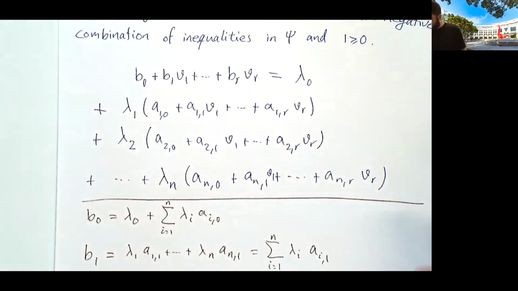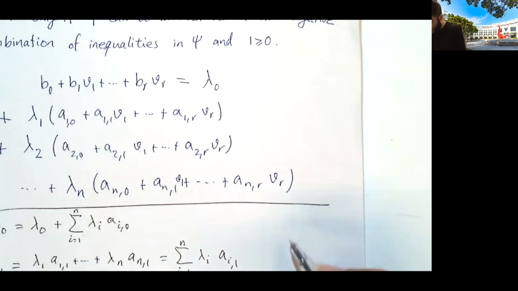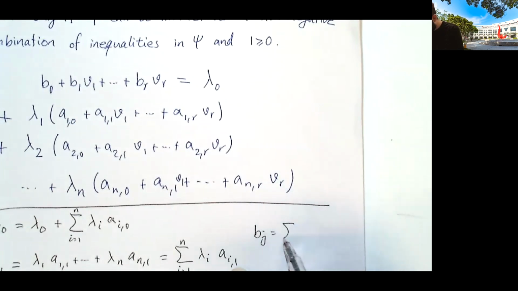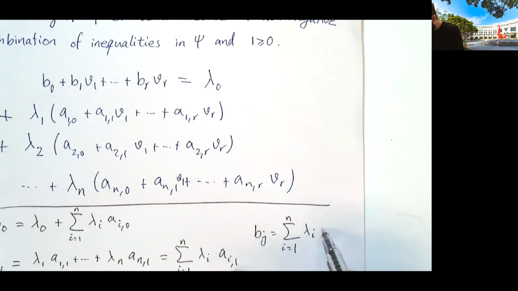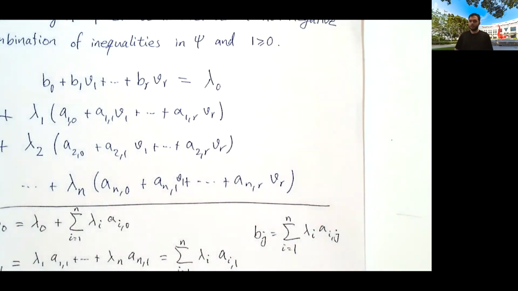And generally, we can write this for every B. So I can basically say that every Bj should be the sum of i from 1 to n, lambda i, Aij. Hopefully, I didn't make any mistakes with the indices there.